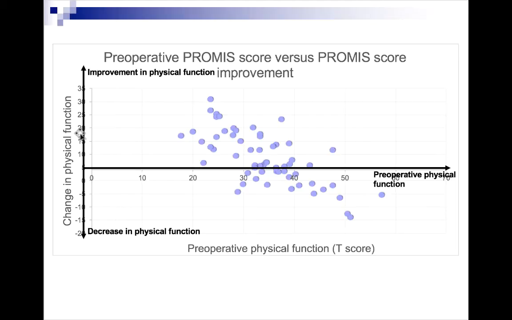Now, on the y-axis, we see here is that improvement in function is above the line, and worse function is below. And we can see there's a clear relationship where patients who started off worse actually do better, and patients that start off having higher function do worse post-surgically.